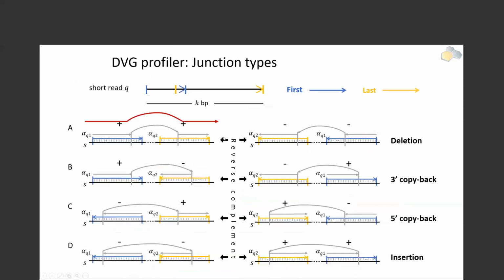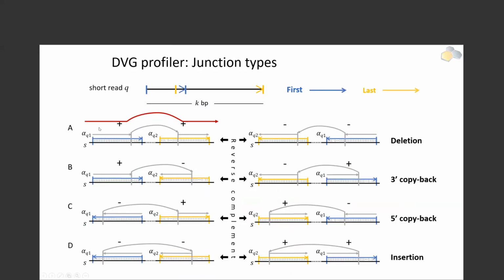it's what differentiates this tool from other junction detection tools: the fact that it doesn't only detect deletions or insertions, but it can also detect 5' copy-back DVGs or 3' copy-back DVGs, which are explained by the traditional replication, but also the 3' to have an anti-genome, which can theoretically also be done.